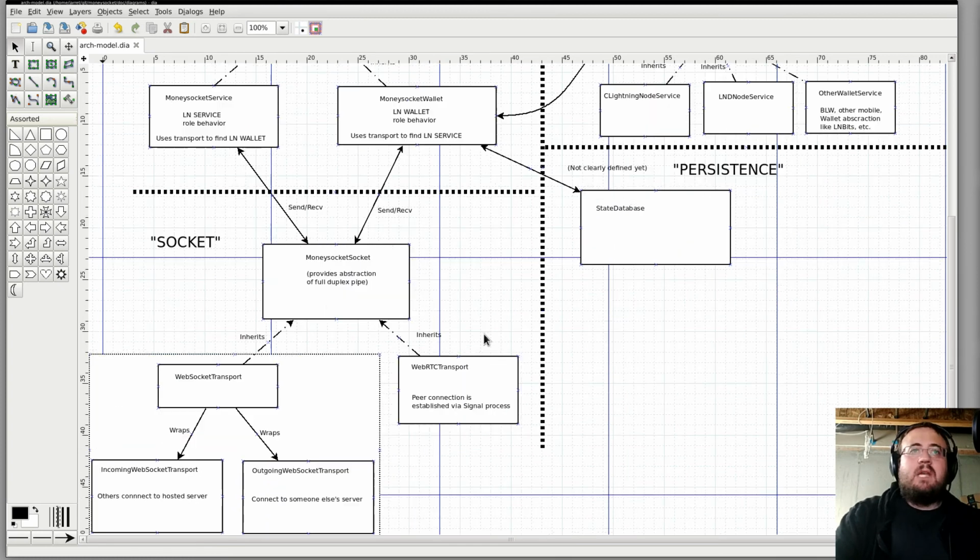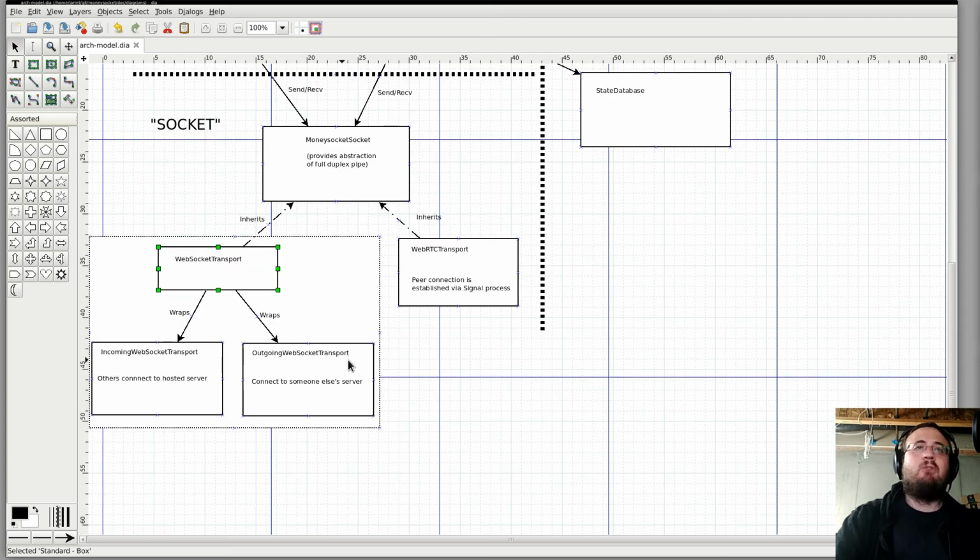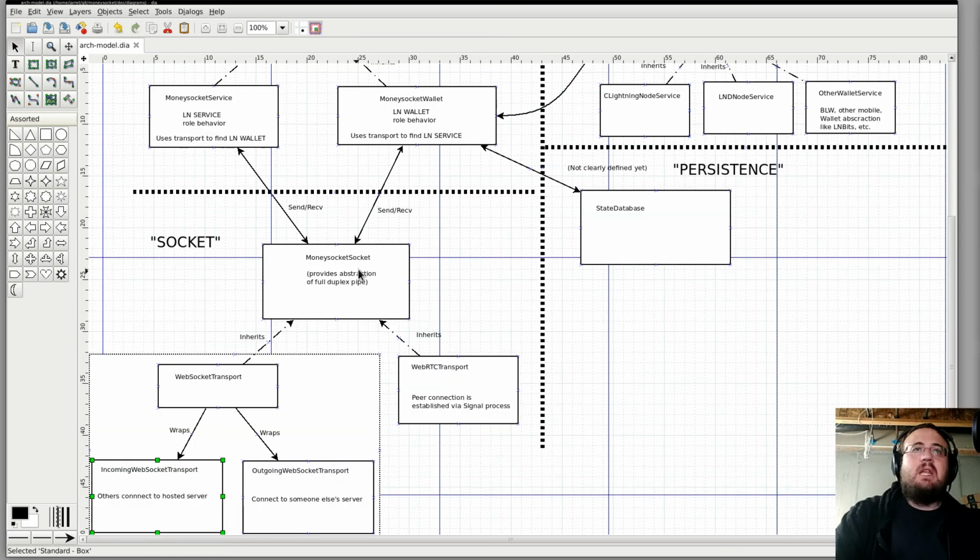So I guess maybe I'll start at the bottom here. The socket. Whether we have WebRTC or WebSocket or whatever library, so I'm actually using the Python Autobahn library for WebSockets, and there's more than one even in Python. And so the implementation on how you'd use that library differs. But at the end of the day, we want it to be a simplified abstraction of providing this pipe that's between a service and a wallet.